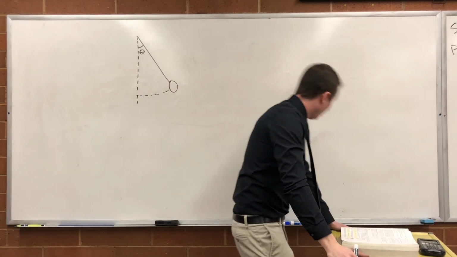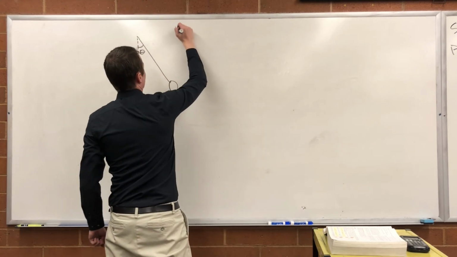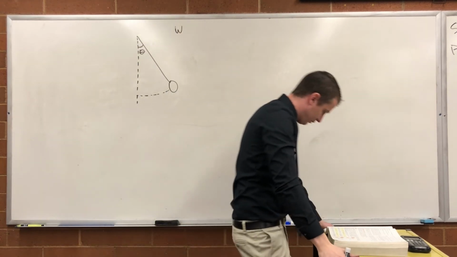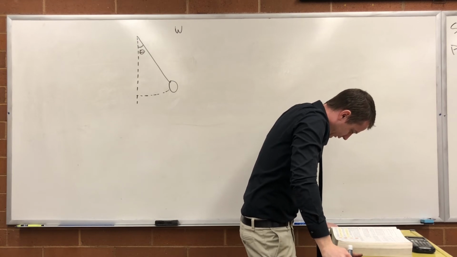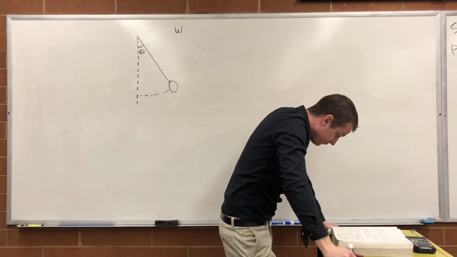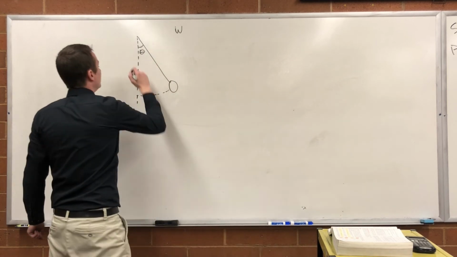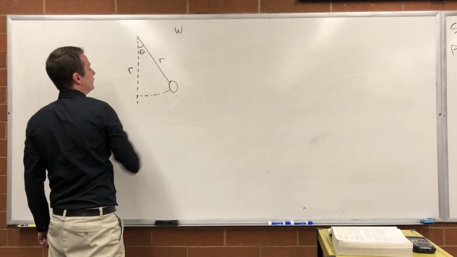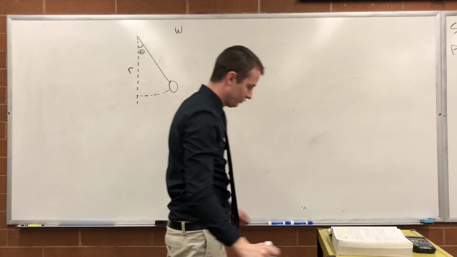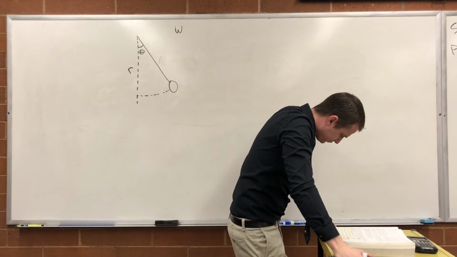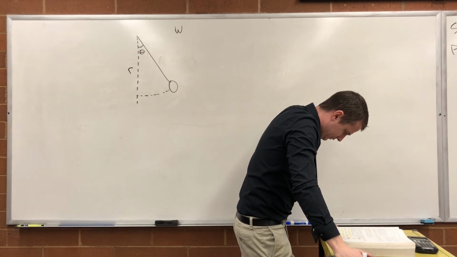Okay, so we know his weight W, that's given, and we know the radius R, the length of the chain. All right.